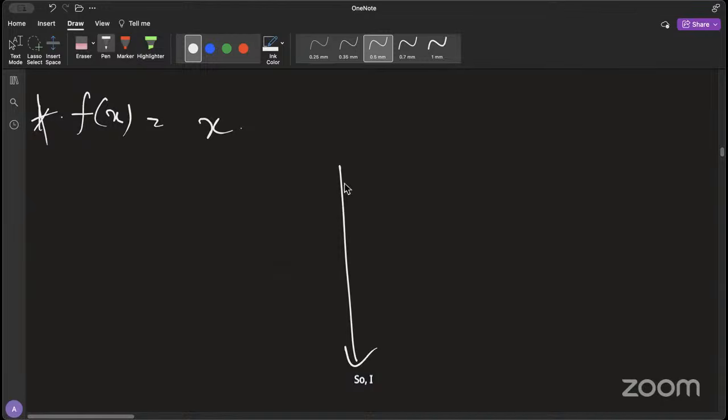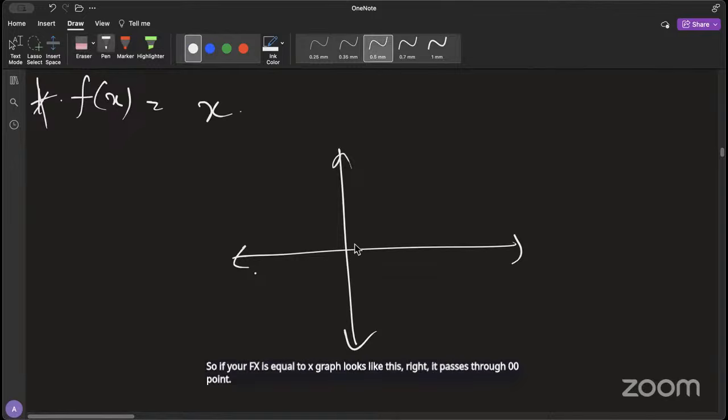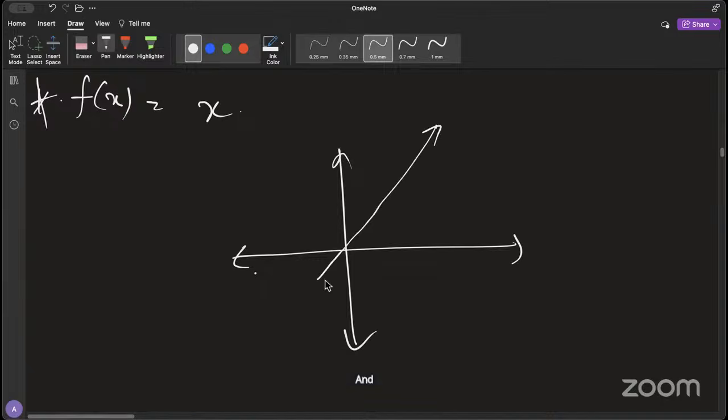I'll just give you a little idea of what tangent lines are. So the graph of f(x) = x looks like this, right? It passes through the point (0, 0), and it's a straight line. This is the graph of the function f(x) = x.